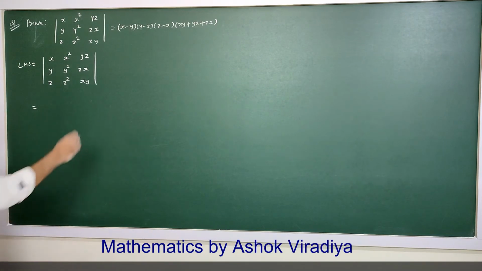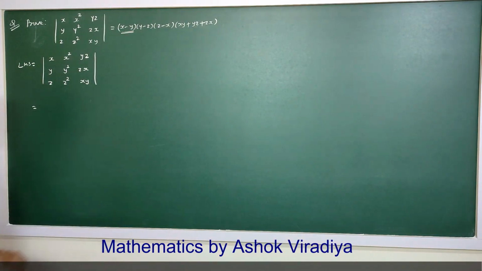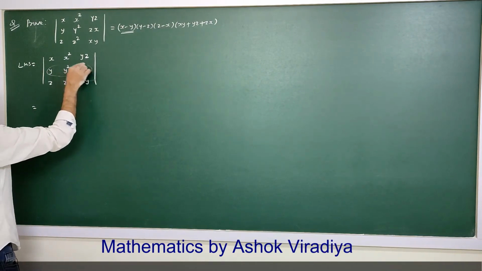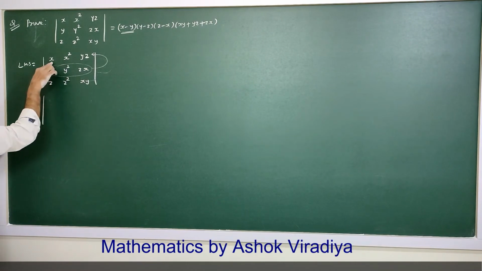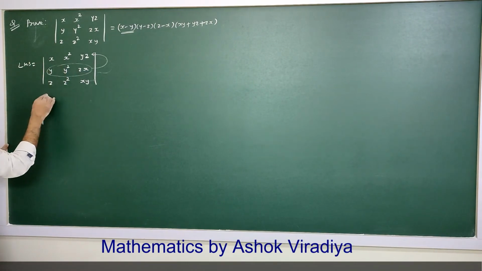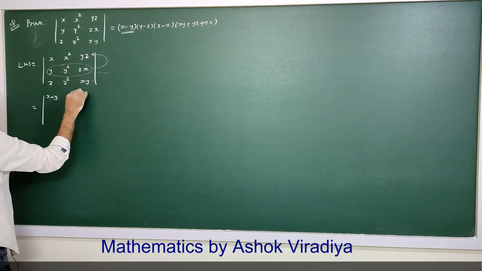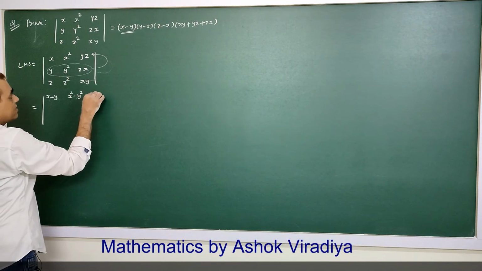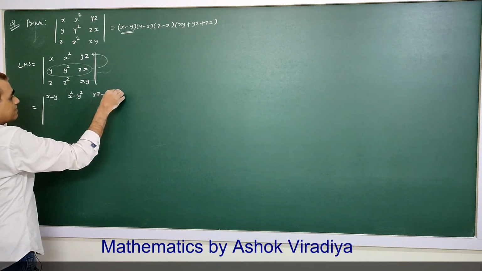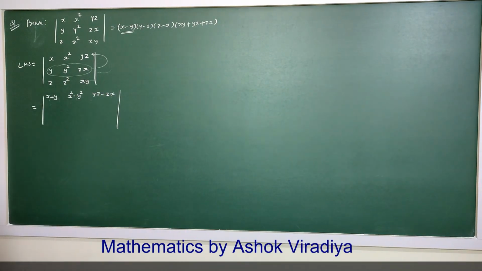So see, first we focus on x minus y. X minus y can be produced by subtracting the second row from the first row. So doing this, subtracting the second row from the first row: x minus y, x square minus y square, here yz minus zx. So from this x minus y will be produced common.